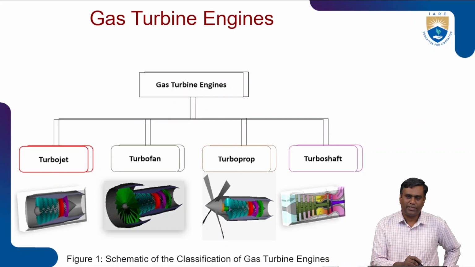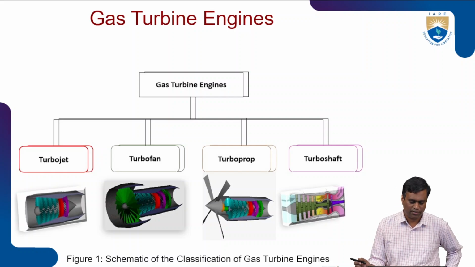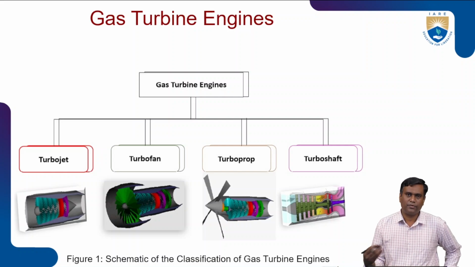We'll just recap before going to today's topic, that is Ramjet and Scramjet. We'll just go through a few important points related to these engines. For all these four gas turbine engines, the core engine is a common one, which generates thrust or, in a few engines, shaft power. It consists of a compressor.